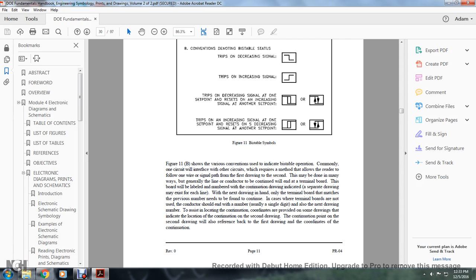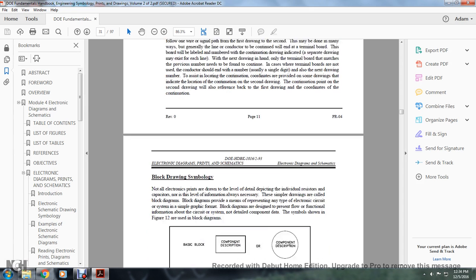For terminal boards that are not used, the conductor should enter the terminal board and end with a number, usually a single digit. The next drawing number and the location of the continuation, given as a coordinate, will be provided within some of the drawings to indicate the location of the continuation on the second drawing. The continuation point on the second drawing will also reference back to the first drawing and coordinate with the continuation.